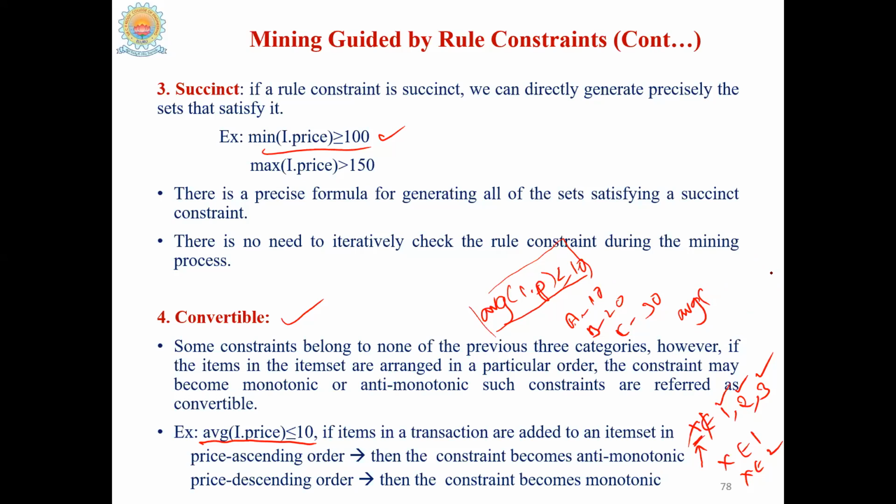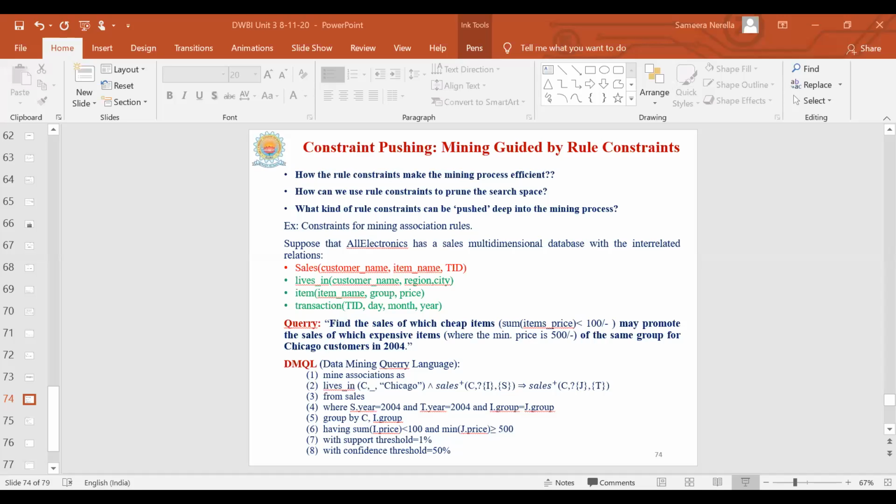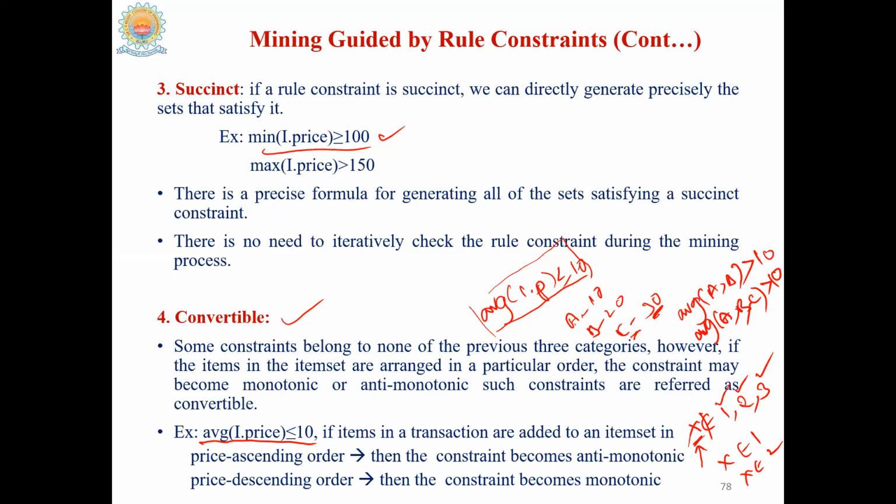Similarly, what is the other phase of the anti-monotonic property? If an item set satisfies the condition, its subset also satisfies the condition.